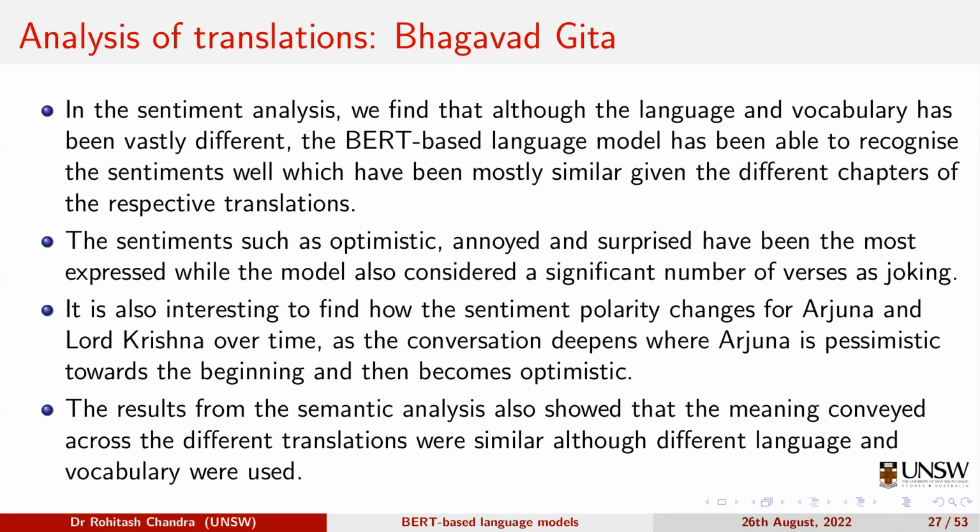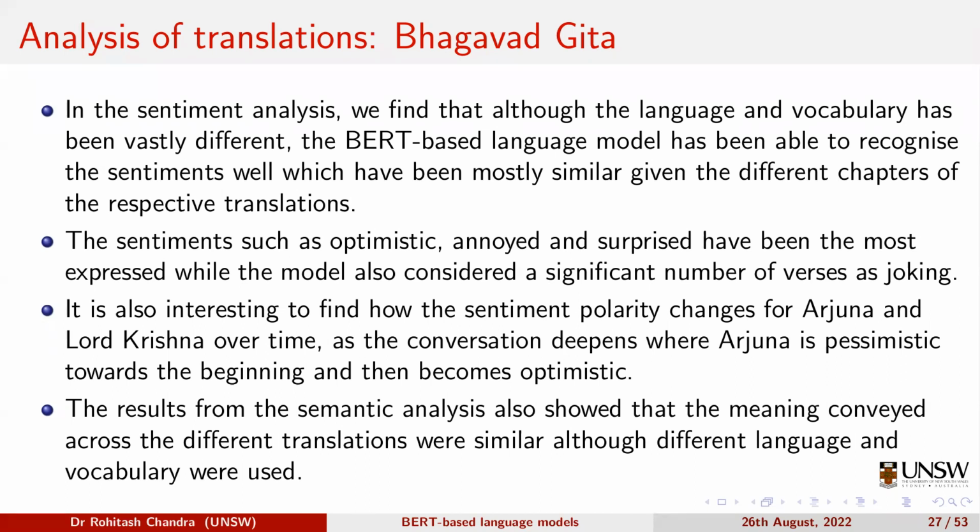And in terms of sentiment analysis, we found that although the language and vocabulary is different, the model has been able to recognize the sentiments as mostly similar, given different chapters and respective translations. Sentiments such as optimistic, annoyed, and surprised were the most expressed, while the model also considered a significant number of verses as joking or expressing some level of humor.